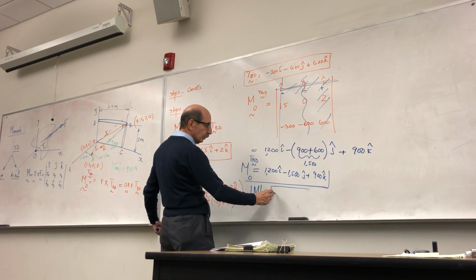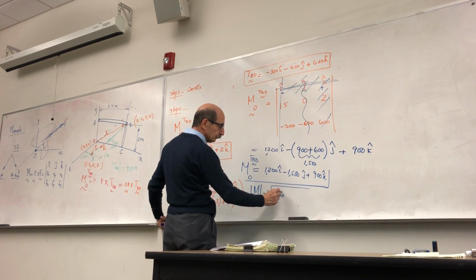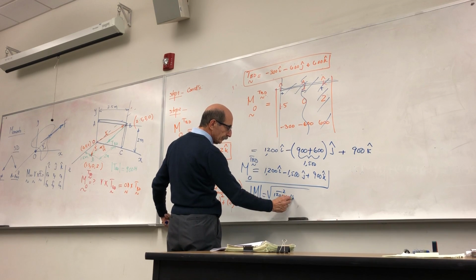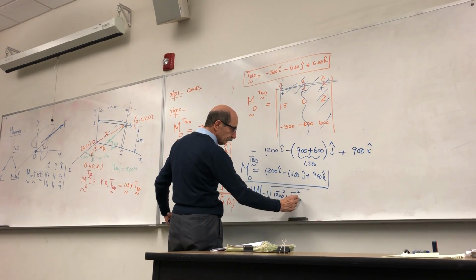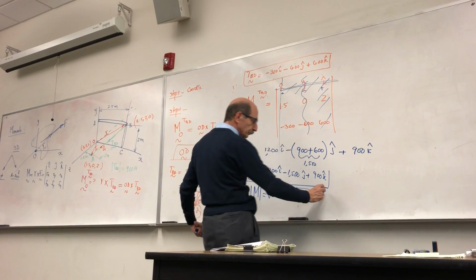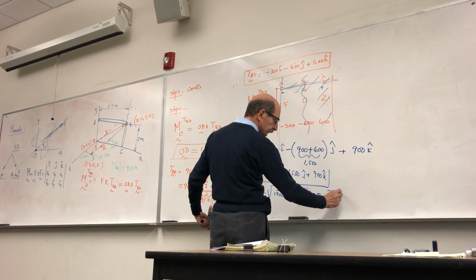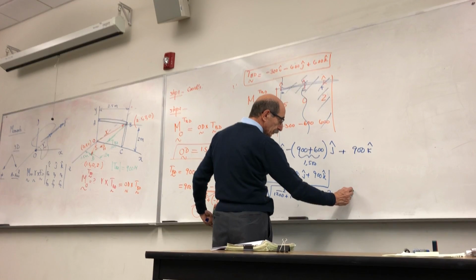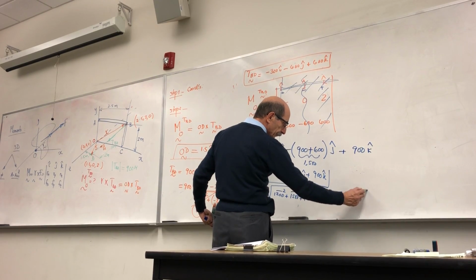The square root of the sum of these squared. Okay? So if you write that, you see this comes out to be 2,142 newton meter.